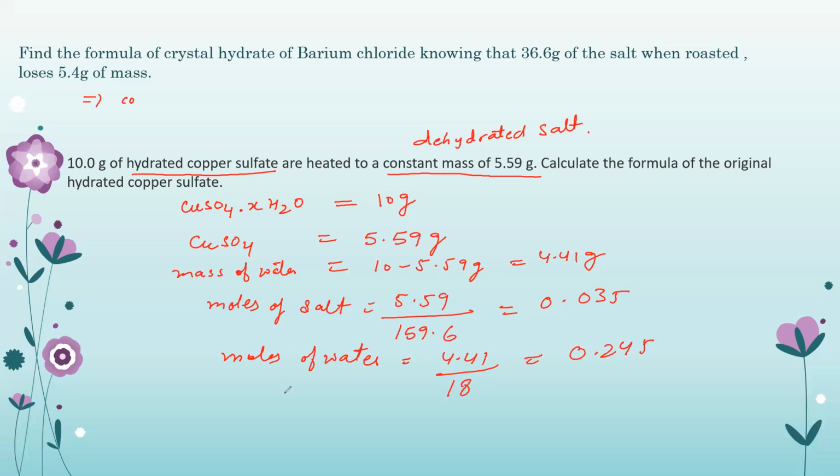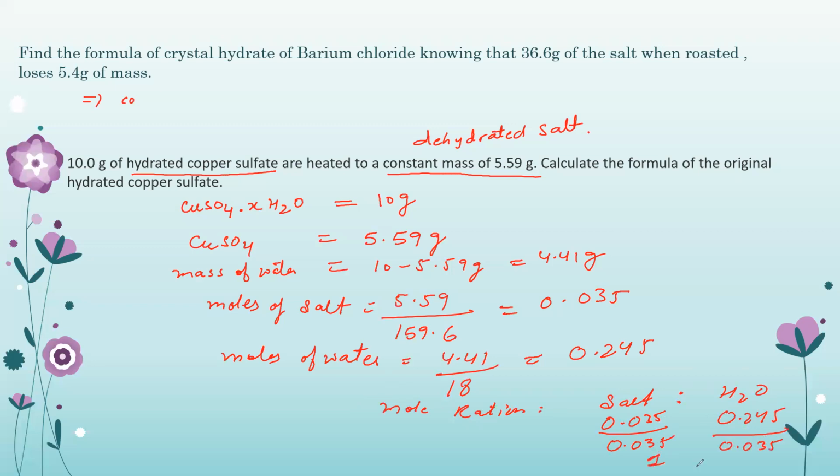Now take the mole ratio. As we did in the empirical formula, same thing. Take the mole ratio. Mole ratio would be salt ratio water. Salt is 0.035 and water is 0.245. Divided by the smaller number, 0.035 divided by 0.035.